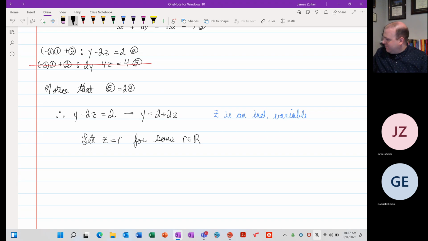So let's say that z is equal to some real number r. Then y would be 2 plus 2r.